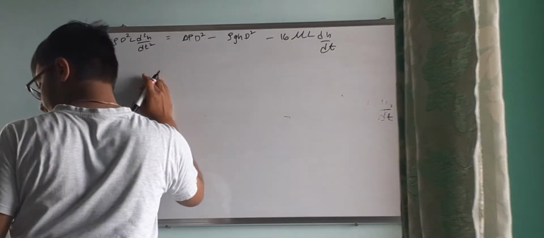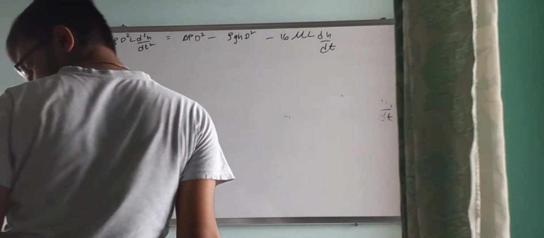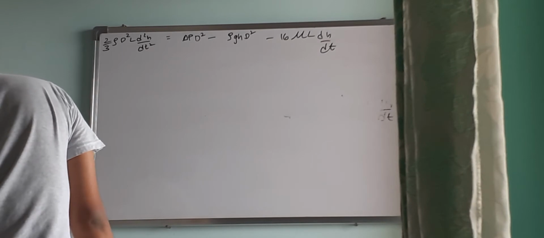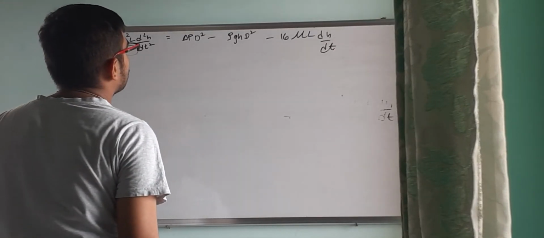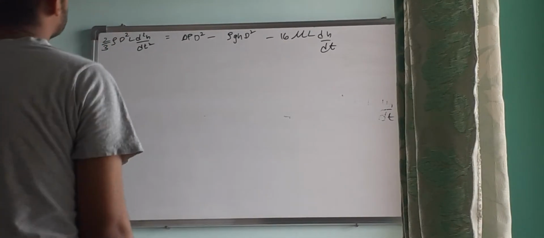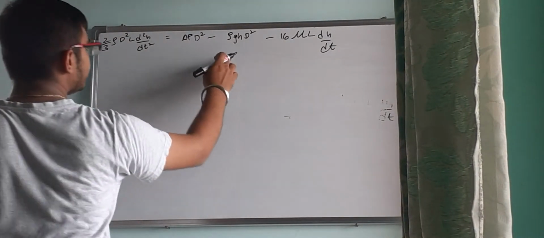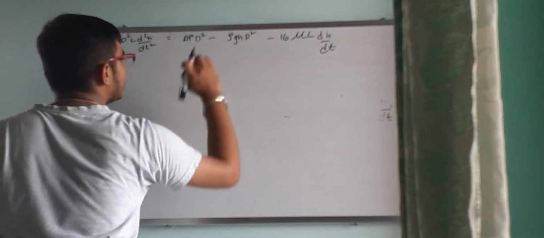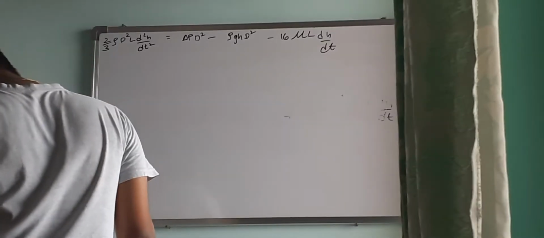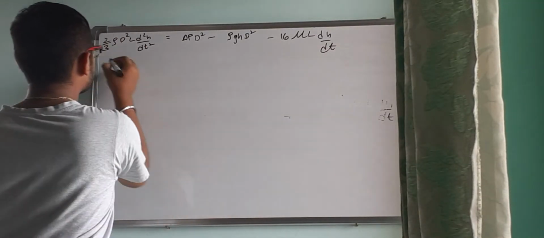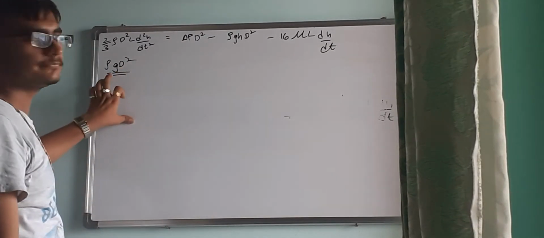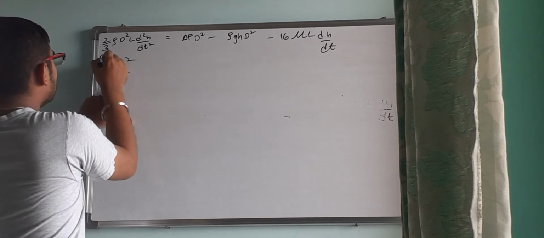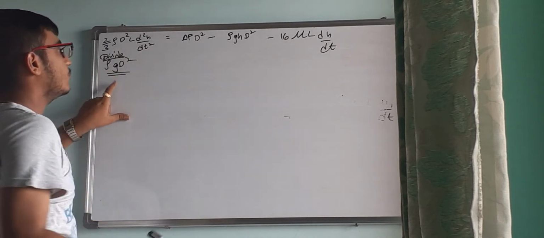Now divide the above equation by rho g d square.